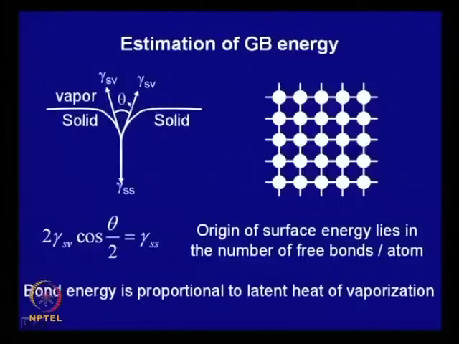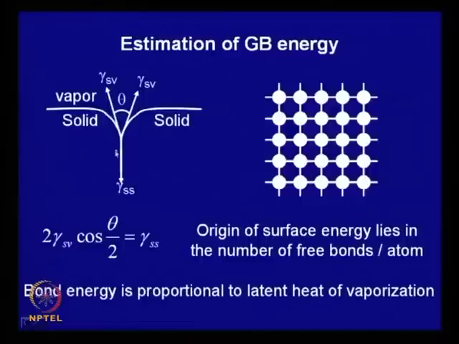And this is the surface energy between solid and vapor. For any solid, however low the vapor pressure may be, there will be some amount of vapor in the surrounding environment, and there is a stable equilibrium.